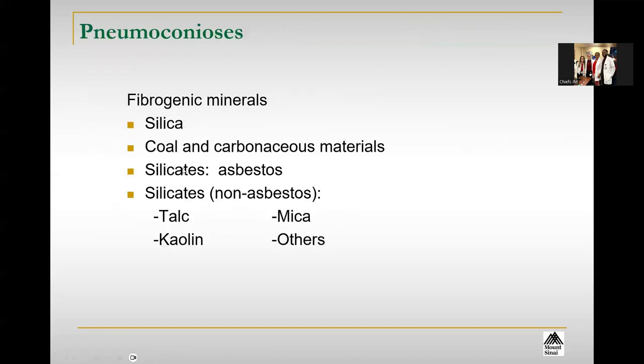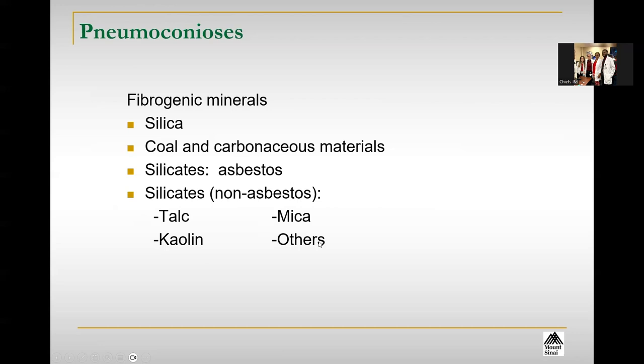So amongst the fibrogenic minerals, dust, and fibers, I'll just mention some of the best known ones: silicon dioxide, silica, coal dust, and carbonaceous materials. And then there's a variety of silicates, which we can divide into asbestos or asbestiform types, like asbestos itself, or the non-asbestos silicates like talc, kaolin, mica, and there are others.